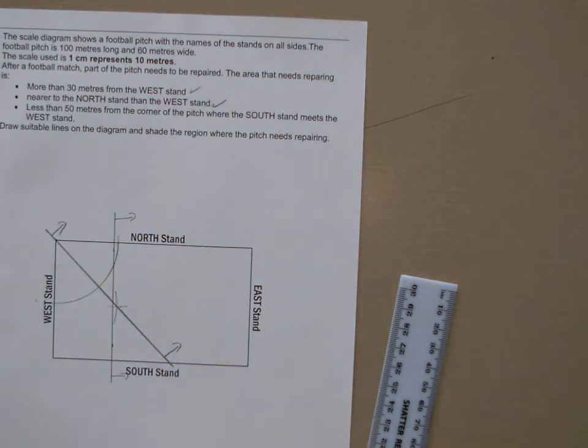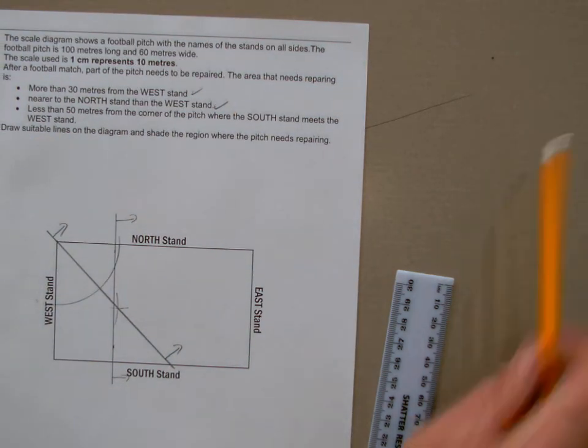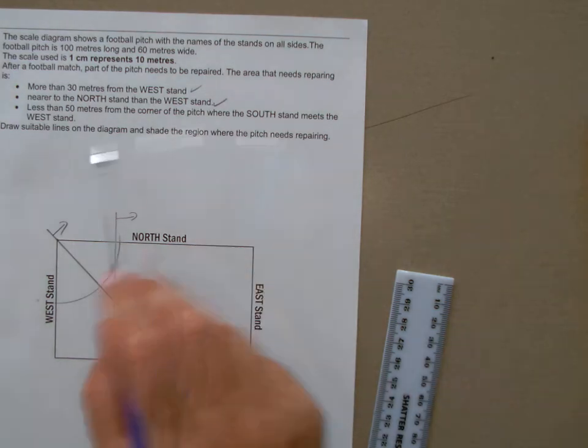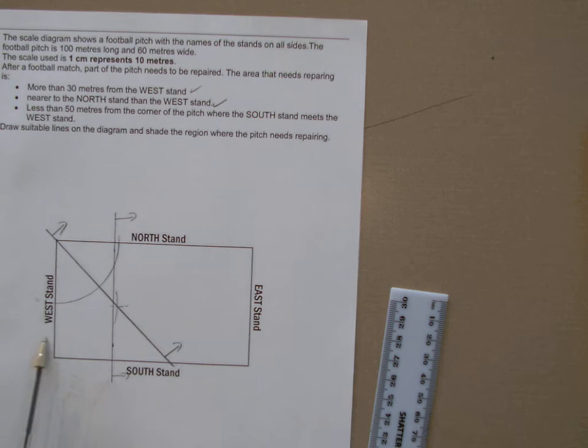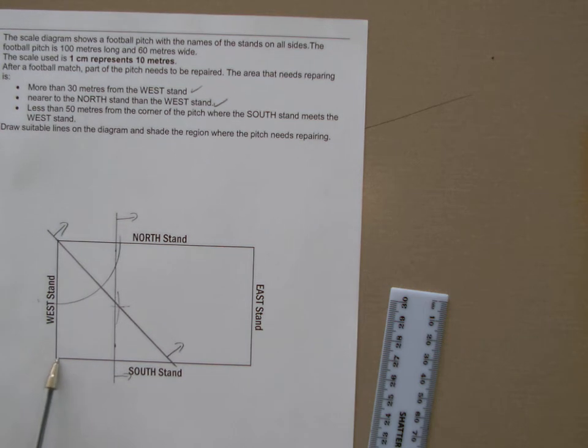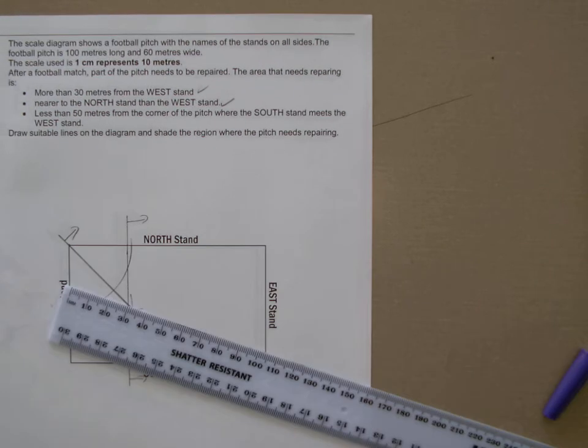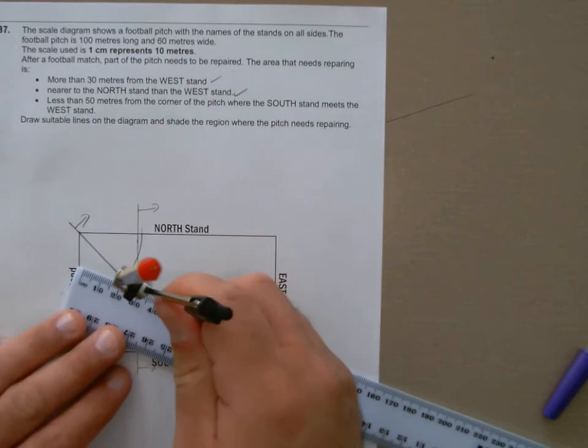Third bullet point then, so it's got to be less than 50 meters from the corner of the pitch, where the south stand meets the west stand. So the south stand and the west stand are here. Now if I need to be 50 meters from a point, I need to get my compass and measure out to be 50 meters.